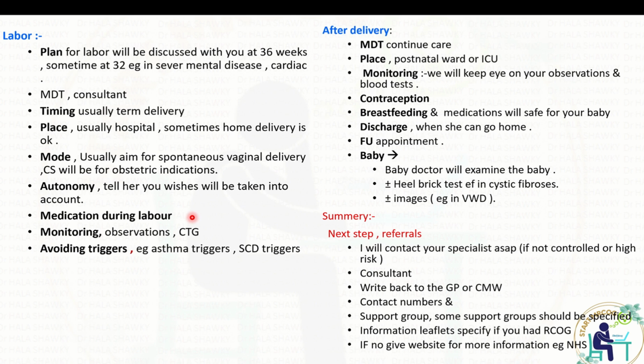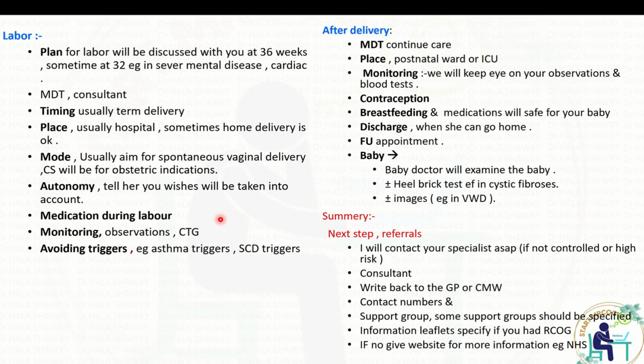We have separate stations where we do negotiation with the patient regarding the timing, the place and the mode of delivery. So for the mode and the place we can agree, but the timing we can't agree. Medication should be reviewed. She should continue her medications.